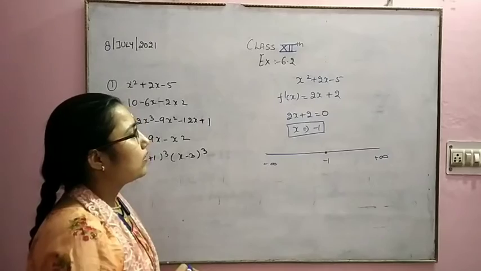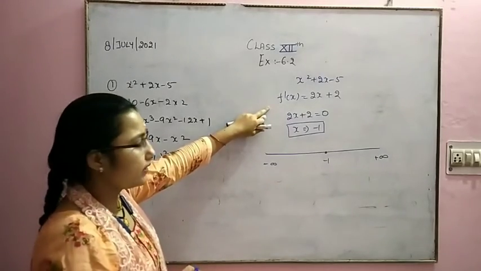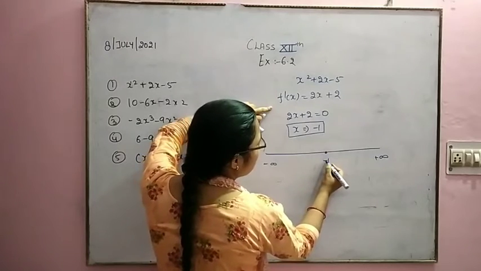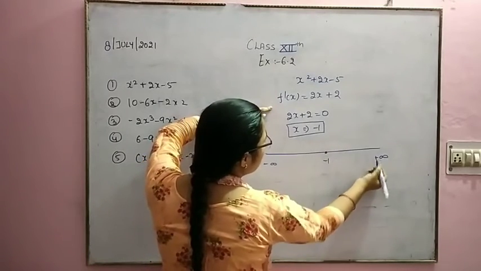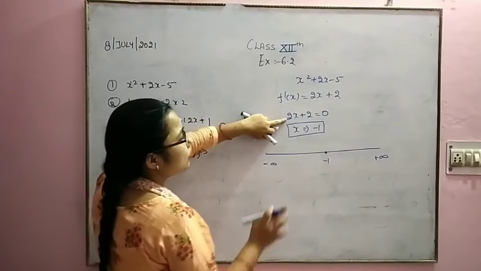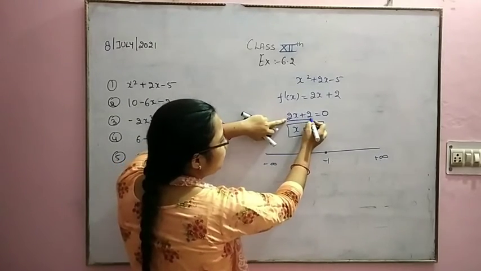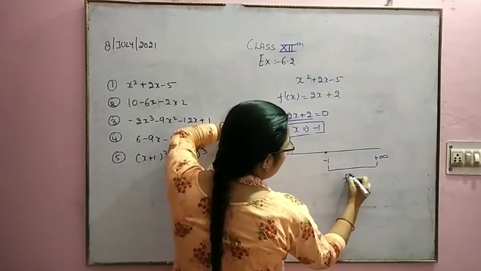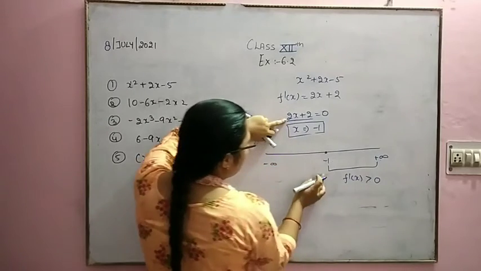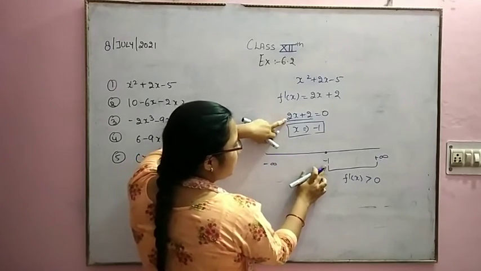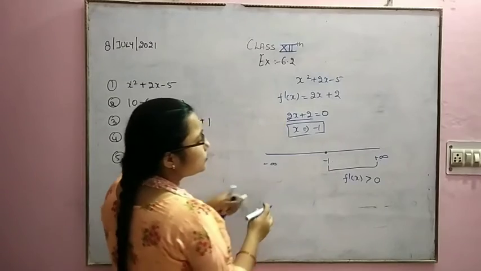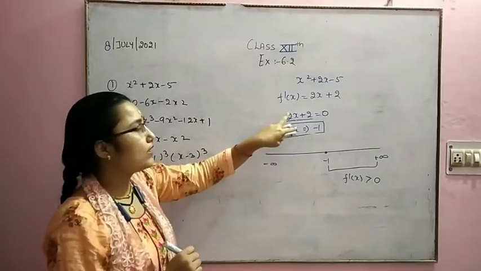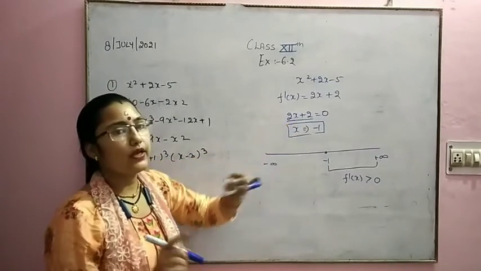And then check whether the value of f dash x is positive or negative for the given limits. If we are talking about -1 to infinity, all numbers are positive, so 2x plus 2 is always positive. So for this we get f dash x greater than 0, and for values less than -1, say starting from -2, 2 into -2 we get -4, a negative number.